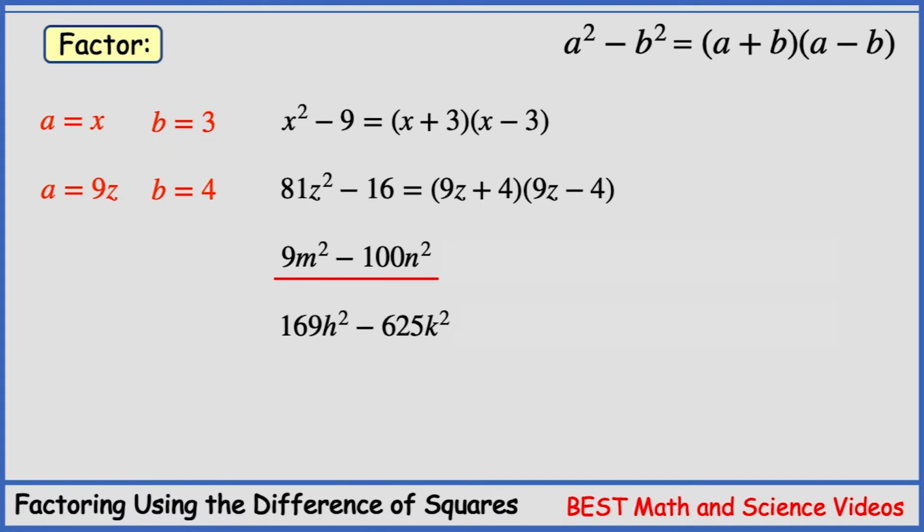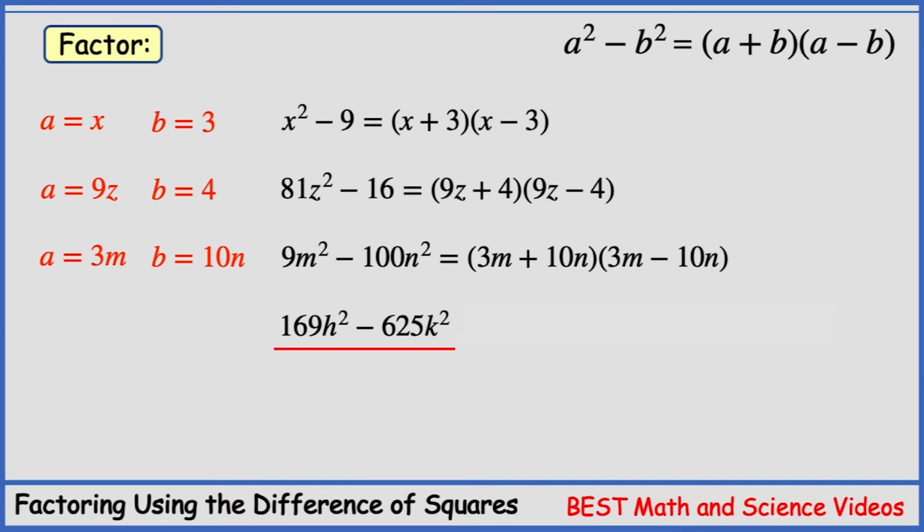For 9m squared minus 100n squared, a equals 3m and b equals 10n. So the expression can be factored as 3m plus 10n times 3m minus 10n. And for 169h squared minus 625k squared, a equals 13h, because 13h squared is 169h squared.